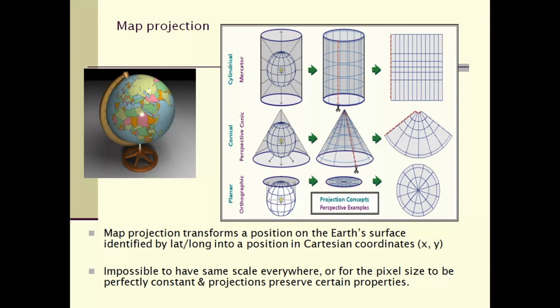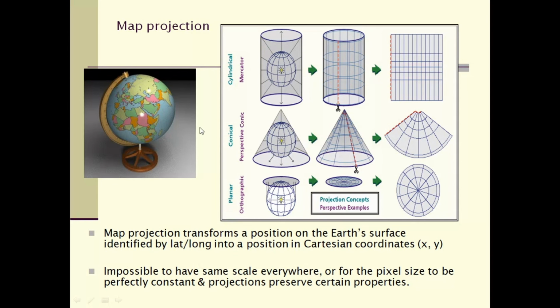Now if you try to convert the map from a sphere or ellipsoid to a flat surface, definitely there will be some error. Features will be distorted in this particular process.